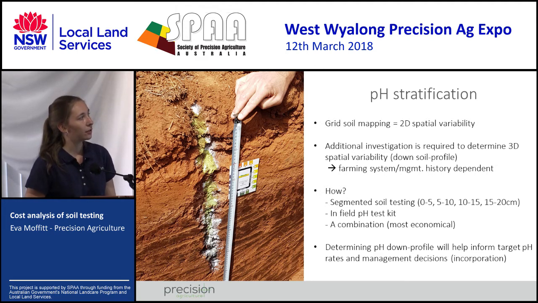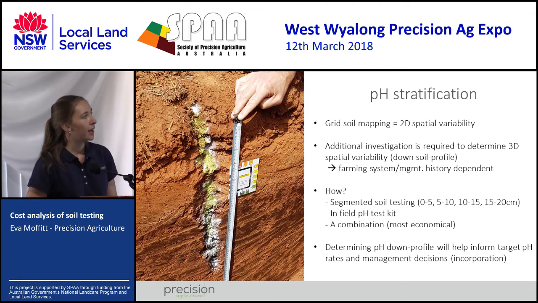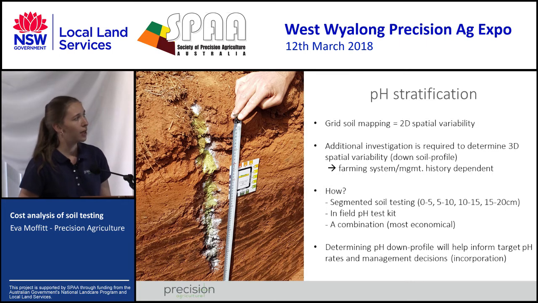Another way that you can look at pH stratification is by using an in-field pH test kit like the one on the left, or you might do a combination of both. You might take a few tests to calibrate your results and then go and have a look, dig some holes, dig some soil pits. That's going to help you determine your target pH rate, how high you want to aim for, and also your management decisions, so whether you need to incorporate basically.